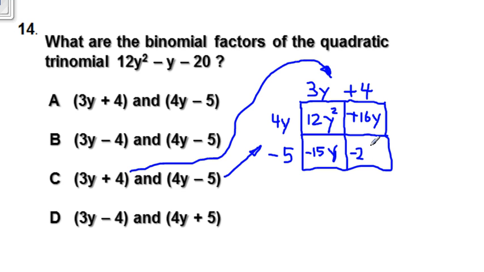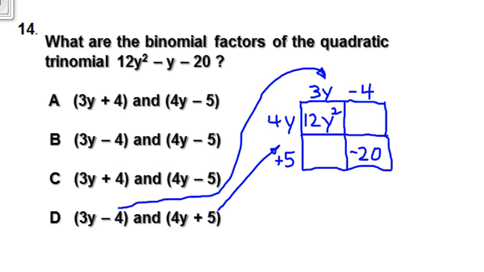And if we add these together, 16y minus 15y, we're going to get positive y, but we need a negative y. So C is not going to be right.